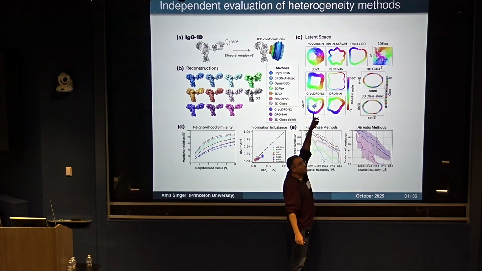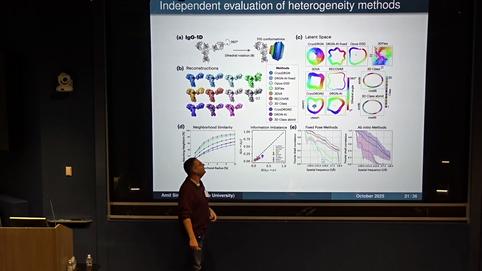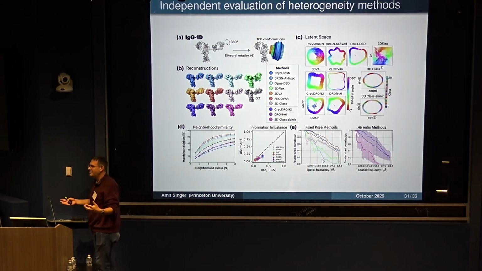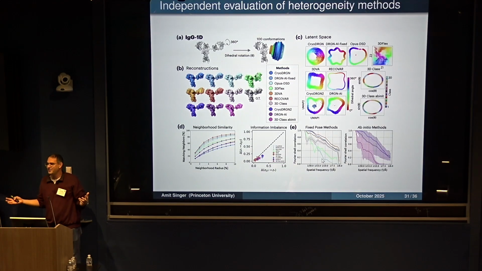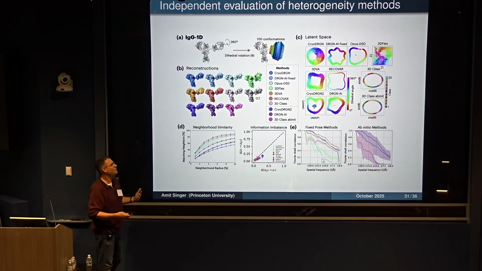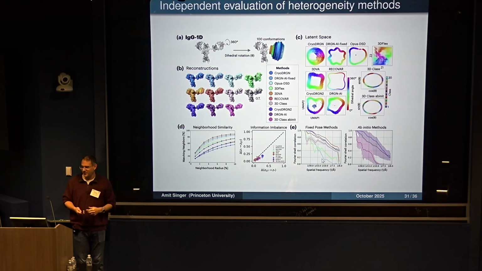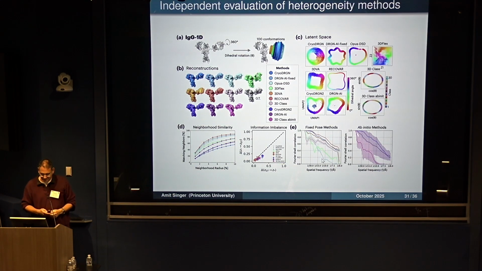The color ordering that Recover estimates is very nice. And you can see that with the other methods, some of them can even give you the impression that there is some 2D variability going on here, where there is not. So it's not just the resolution, but also, if you want to actually understand what the molecule is doing, it's giving you a better idea of what's going on.